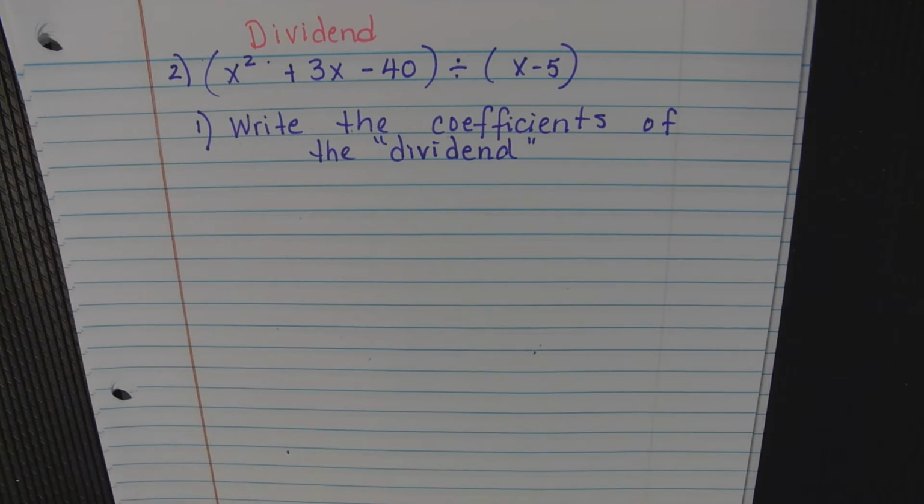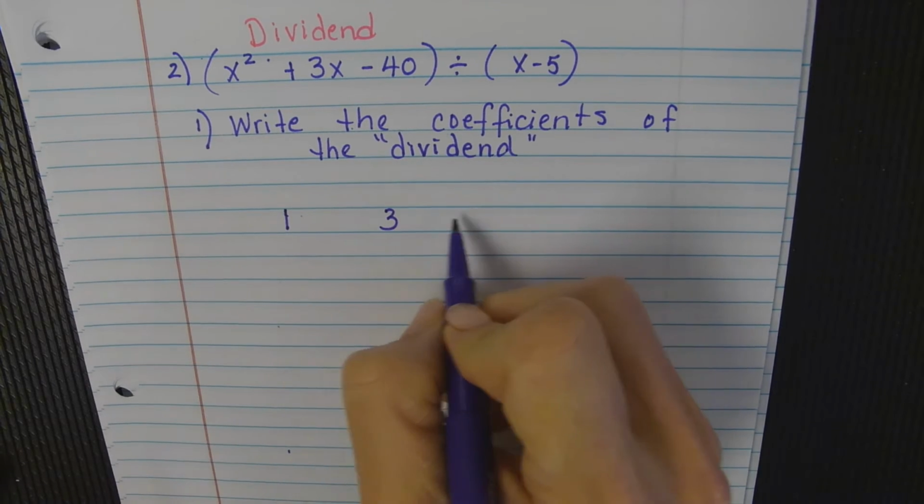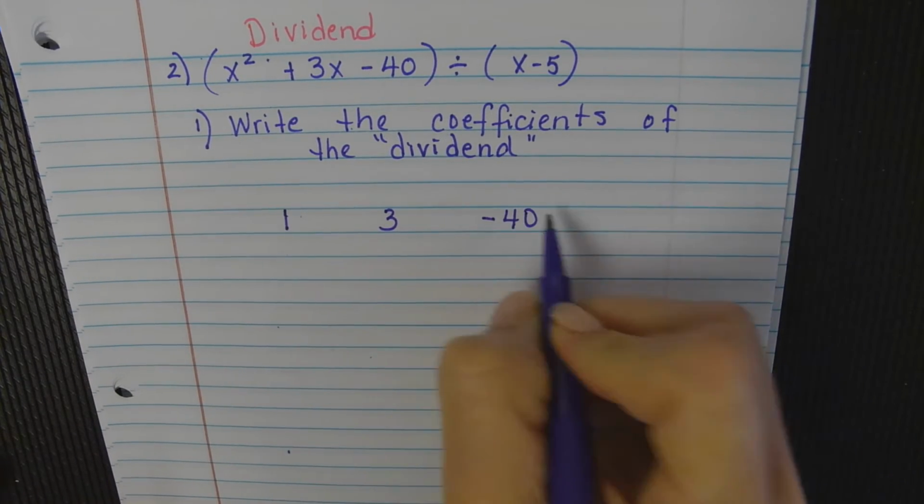All right, so let's do that. We have 3 coefficients. What are they? 1, 3, negative 40. So what you're going to do is write 1, 3, negative 40.